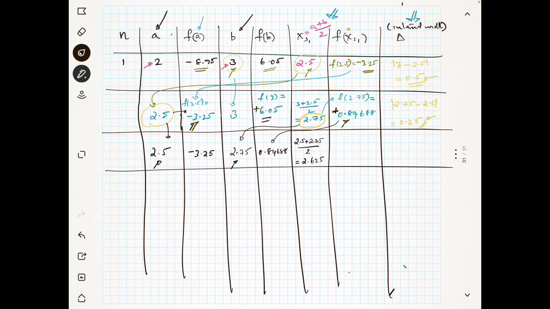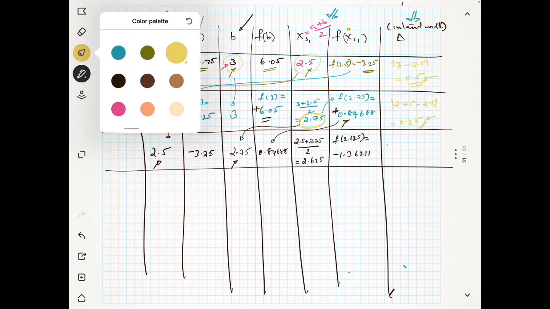And I will find the function value f of 2.625, which is equal to minus 1.36211.